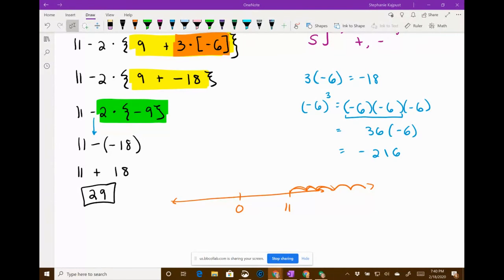Any other questions on what I just worked out? Yeah, Debbie. Okay, Stephanie, can you do something with some negative numbers and square roots and stuff like that?